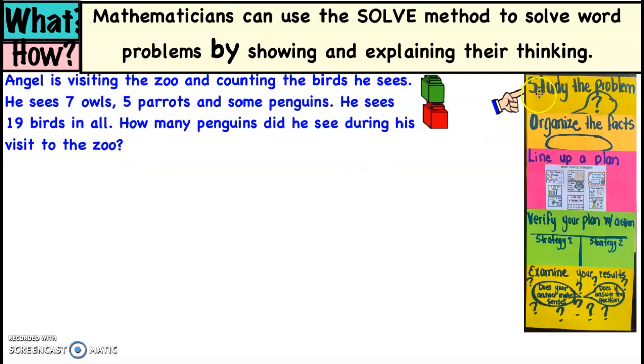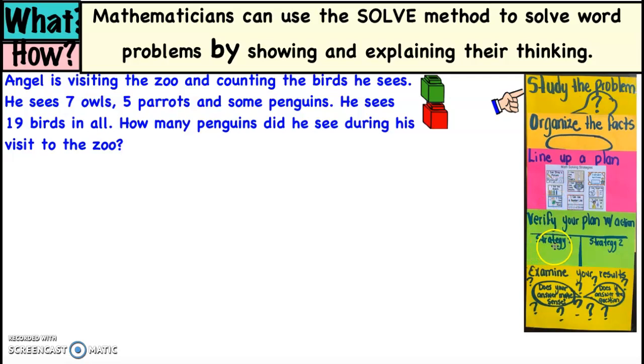So in going over our solve method, first we need to study the problem, making sure that we understand what the problem is asking us to do. We're going to underline the question. Then we need to organize the facts and circle all important facts. Then we need to line up a plan, choosing 2 different strategies to show our thinking.